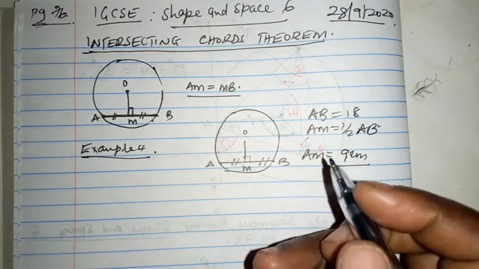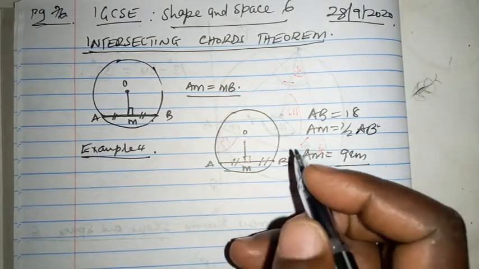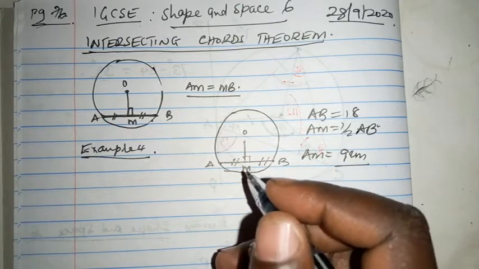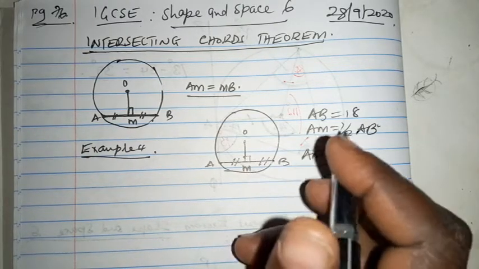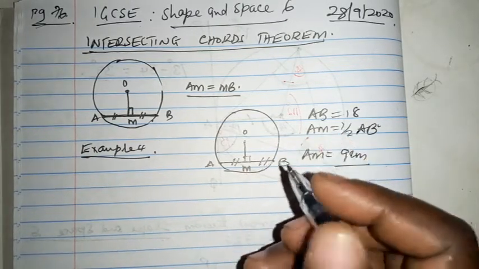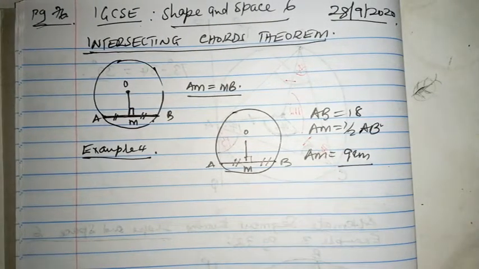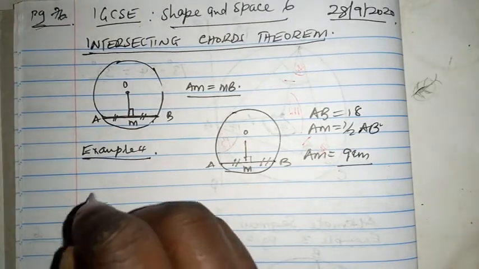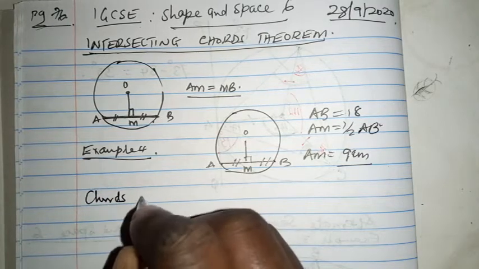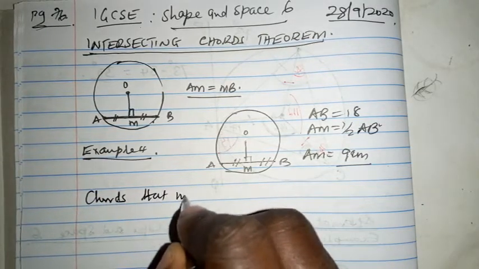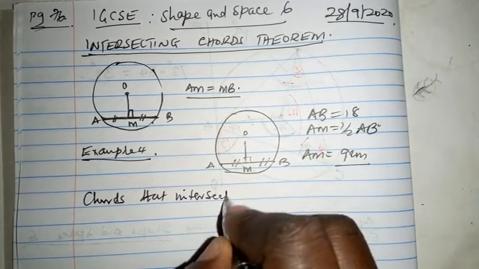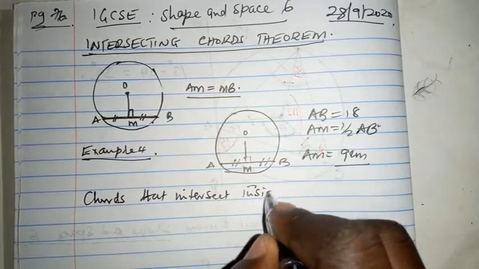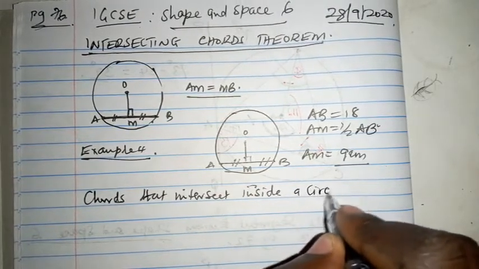And I want to go further and explain something to do with the intersecting chords theorem. There are those chords that intersect internally. I want to talk about the chords that intersect inside a circle.